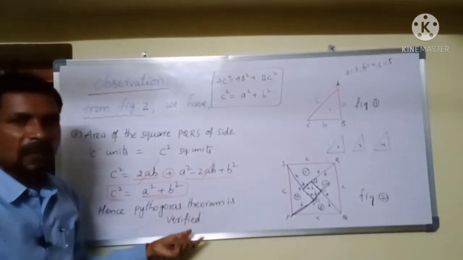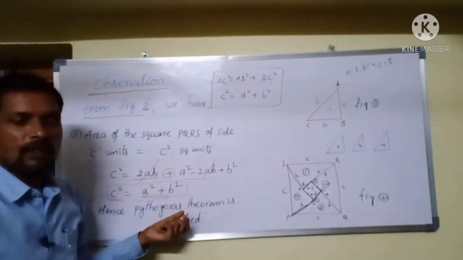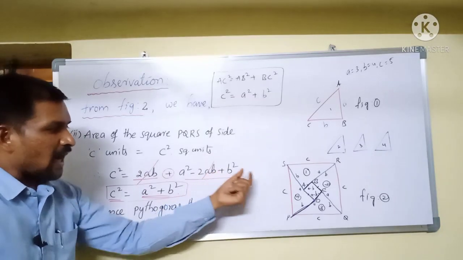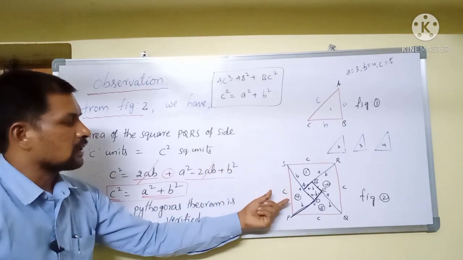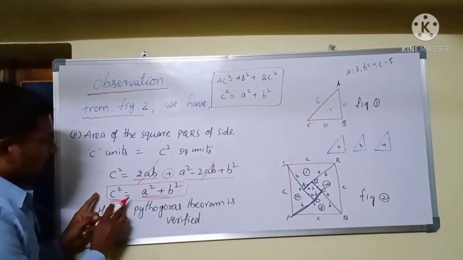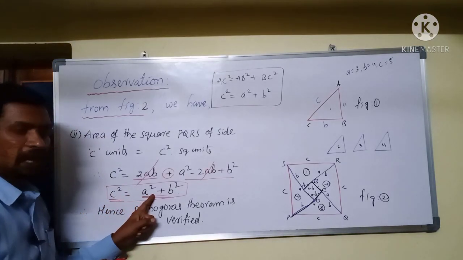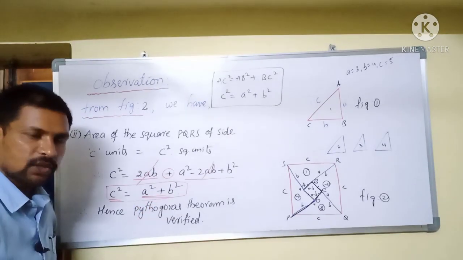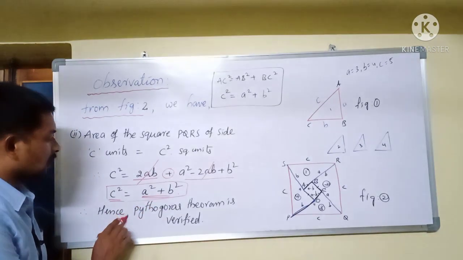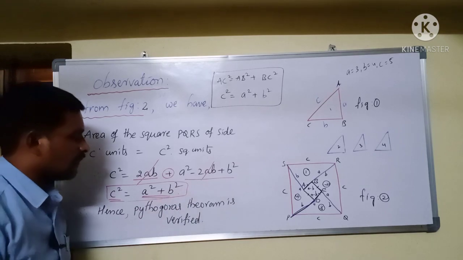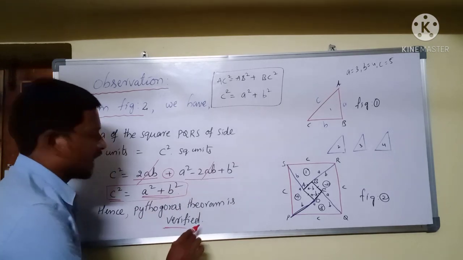So what we proved, by using Bhaskara's method, is finally that C square is equal to A square plus B square. Hence the Pythagoras theorem is verified.